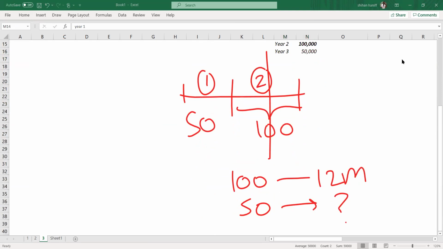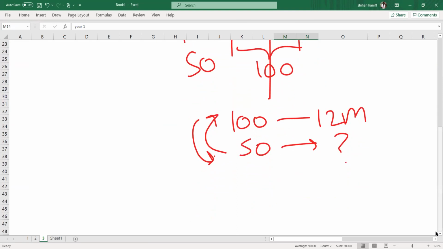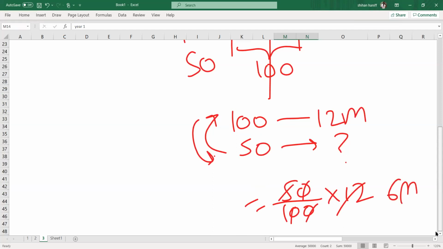Cross multiply. So this method we are using everywhere, cross multiplication. 50 over 100 into 12. So this is 6 months. 100 is for 12 months, 50 is for 6 months.